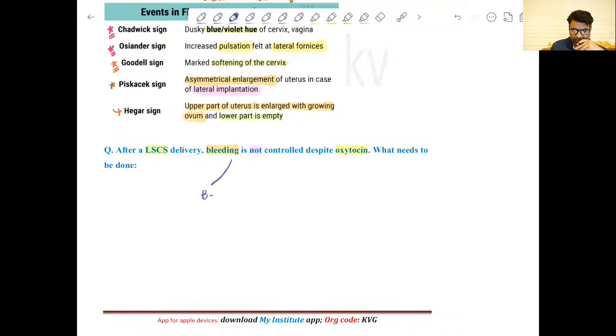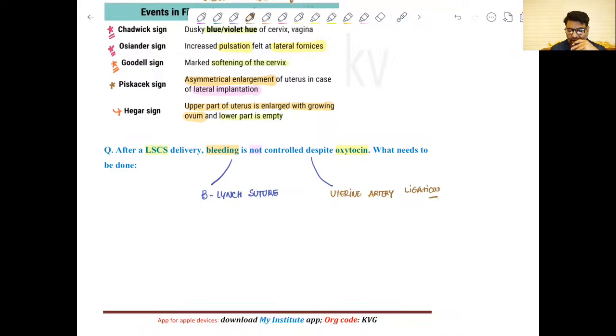Either we can give B-Lynch suture, or we can cut the source of blood supply to the bleeding artery. So we can do uterine artery ligation. Clear?